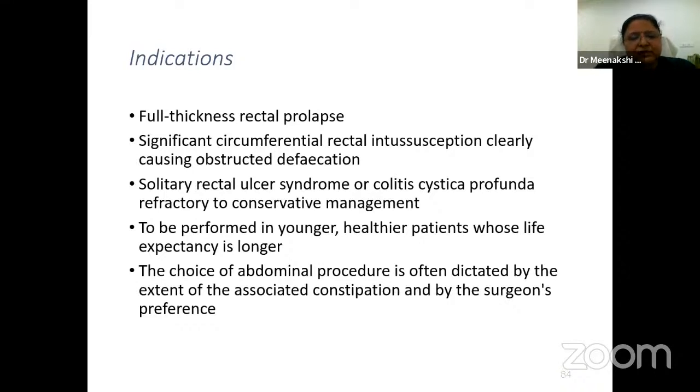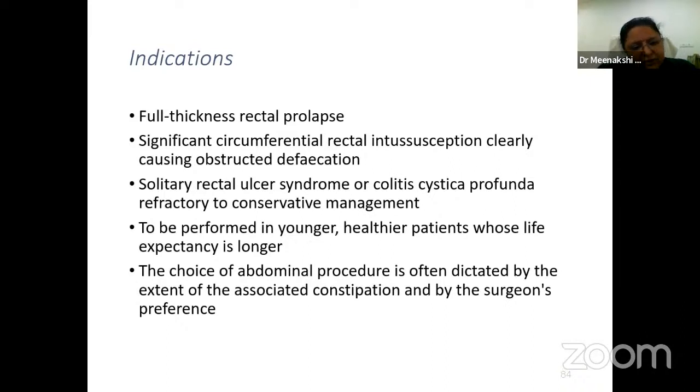So the STARR procedure is very, very helpful whenever there is obstructed defecation syndrome. And MR defecography is a very, very important investigation to diagnose this rectal intussusception with obstructed defecation syndrome, because these cases are very difficult to diagnose and the patient may remain undiagnosed and may suffer lifelong unless you diagnose these conditions. Then there can be an associated solitary rectal ulcer.